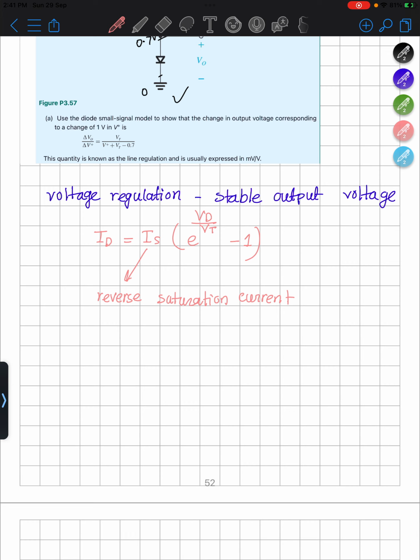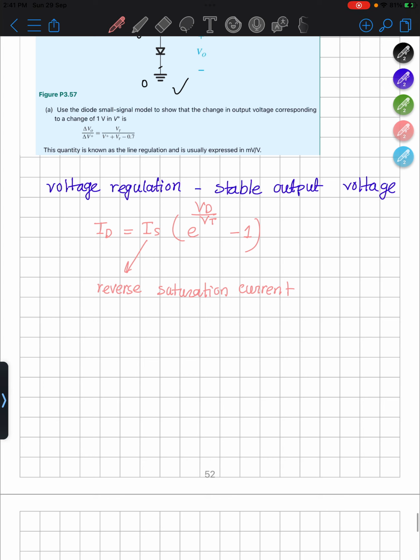And for a small change in V plus, we look at the relationship between the change in the output voltage del V0 and the change in the input voltage, which is del V plus. This is the change in input voltage, and del V0 is the change in output voltage.